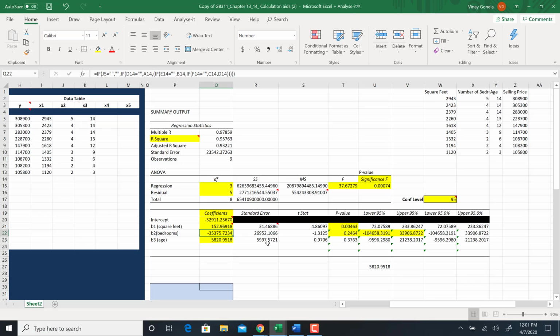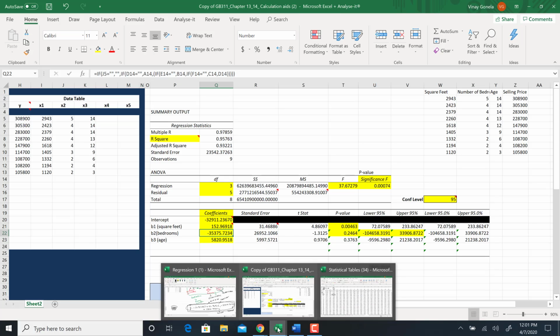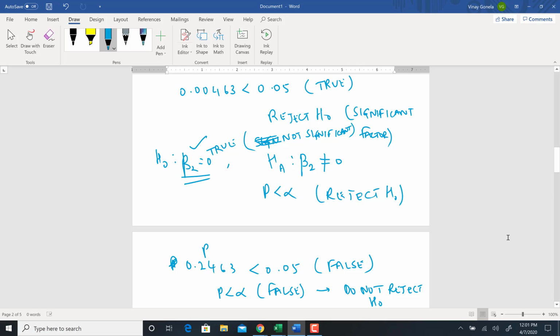We cannot say beta 2 is not equal to 0 with confidence because 0 lies within this range. Same we can do for beta 3. So this is not a significant factor.